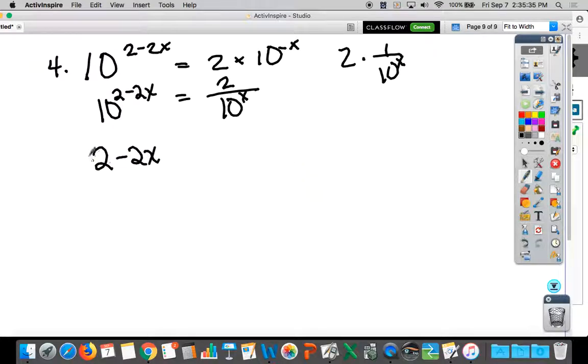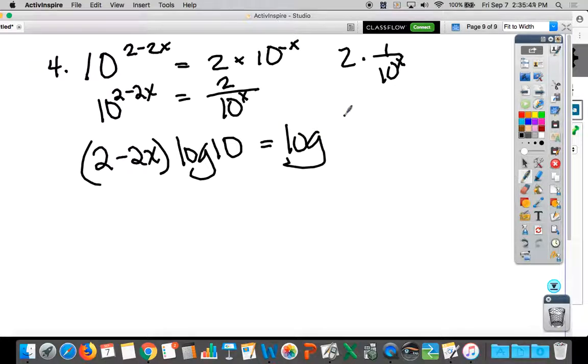This is a binomial exponent, so I'm going to put it in parentheses, and they've been real nice to me to give me a log 10. Now, I'm going to write this. So, what do you notice as soon as I write the right side? You've got to be able to think.